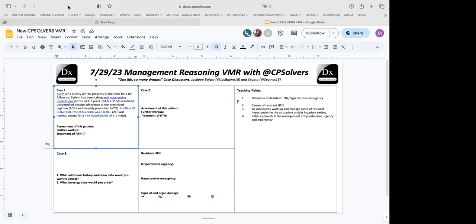Then looking at how many antihypertensives the patient uses, because as we can see in the case so far, there are 2 antihypertensive medications he's on, and despite that his BP is still uncontrolled.